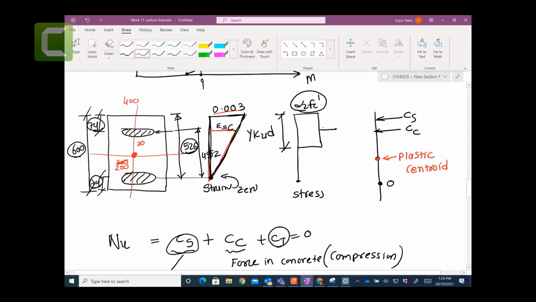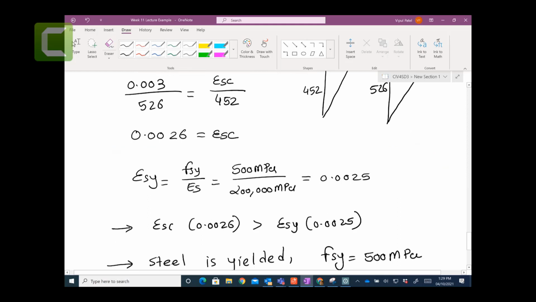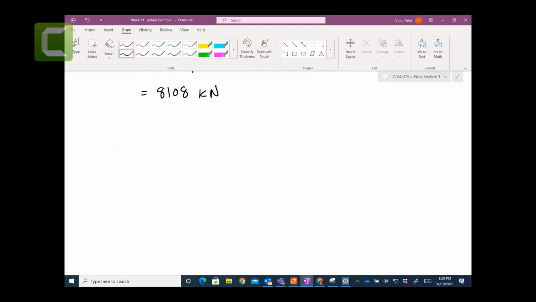The plastic centroid is the point where you apply the load and it gives you no bending. So for example, if you have an unsymmetric cross section, for example, 2 bars here and then 4 bars here, then your plastic centroid would be unsymmetric. It's not a symmetric cross section.